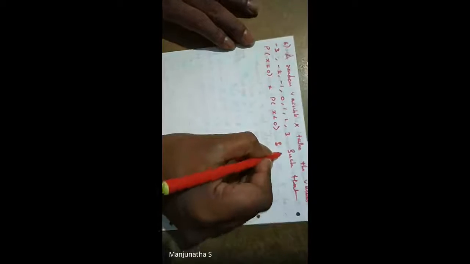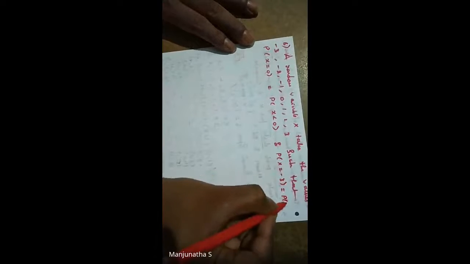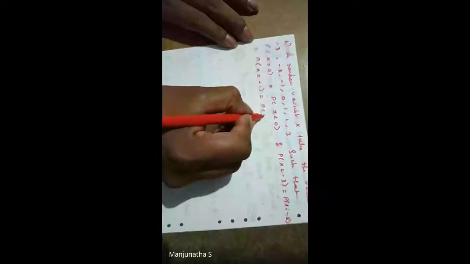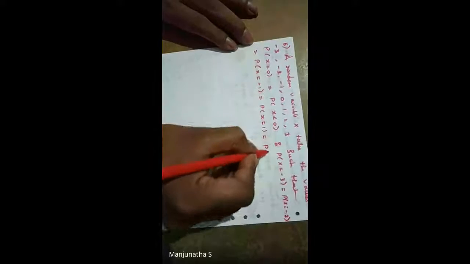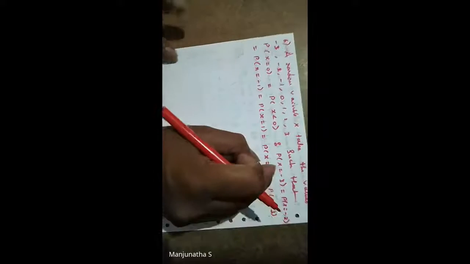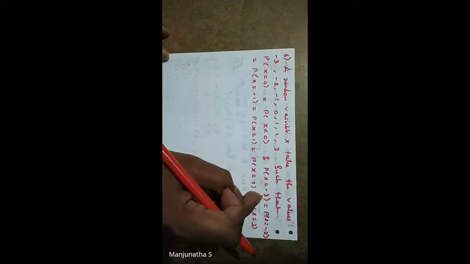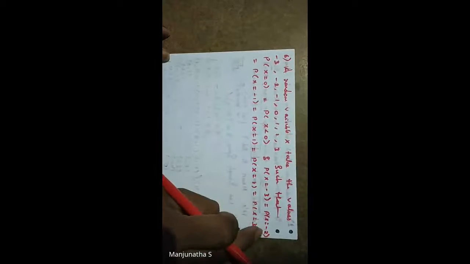That is one condition. And one more condition they have given: p of x equal to -3 equals p of x equal to -2 equals p of x equal to -1 equals p of x equal to 1 equals p of x equal to 3. That means the probability value of x equal to -3 equals the probability value of x equal to -2, and so on.